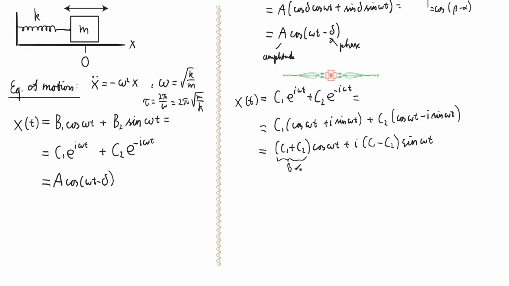It must be b1, and this must be b2. Right? So we get b1 equals c1 plus c2, and b2 equals i times the difference between those two constants. Okay, and then we'll just do a little bit of algebra.